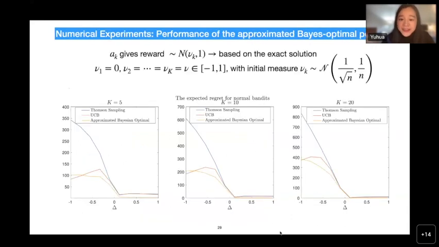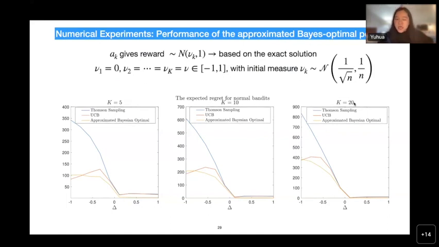Okay, and here's the performance of the optimal policy based on the HJB equation. In this case we can actually calculate the exact solution explicitly, so we can apply it to a very high dimensional multi-arm bandit problem. Even for k equal 20, there's no problem.